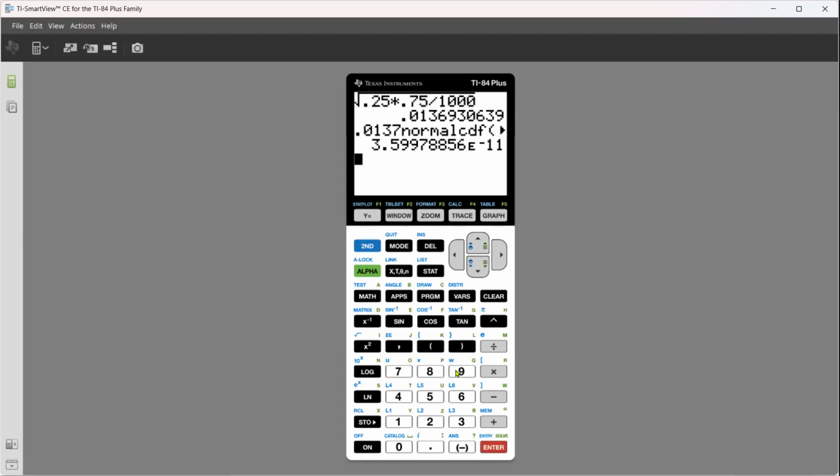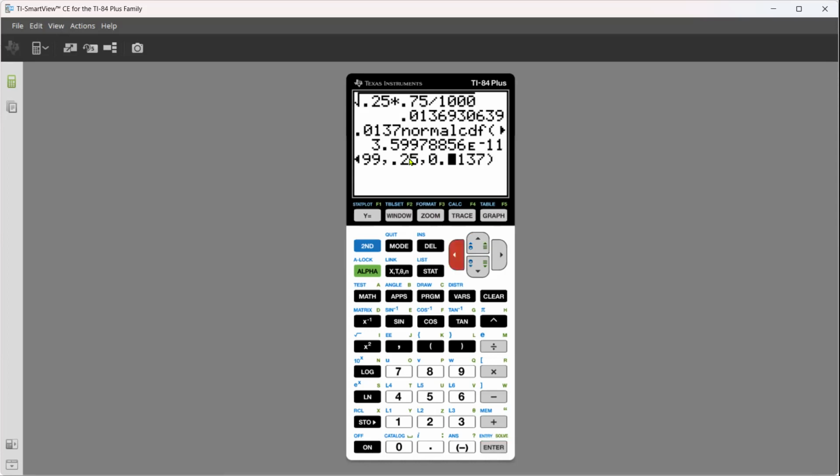Now, this thing here is way small. Some people think, oh, my probability is 3.5. No, it's not. You have e to the negative 11 over here. And I have a different digit because I just made a typo in here, and I see it right now.